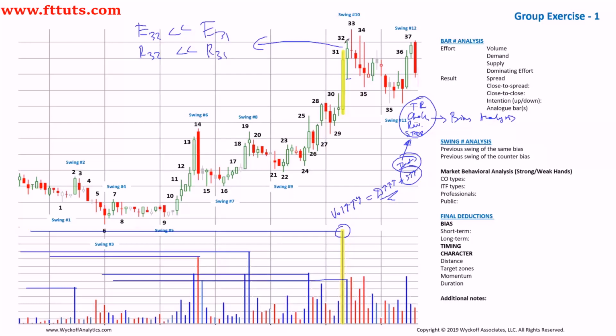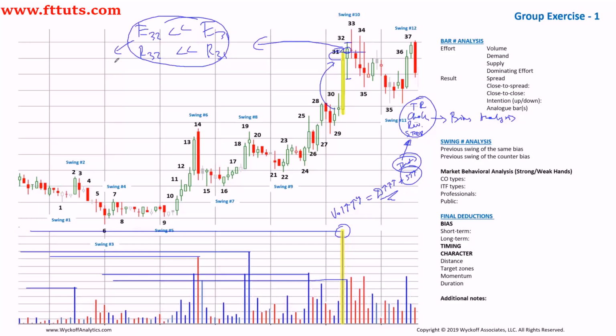How do we see this? Well, the spread is diminishing. The close to close is much more mediocre than at 31. The intention was to commit above. We did this, but marginally, not a lot of close above the level of the resistance.